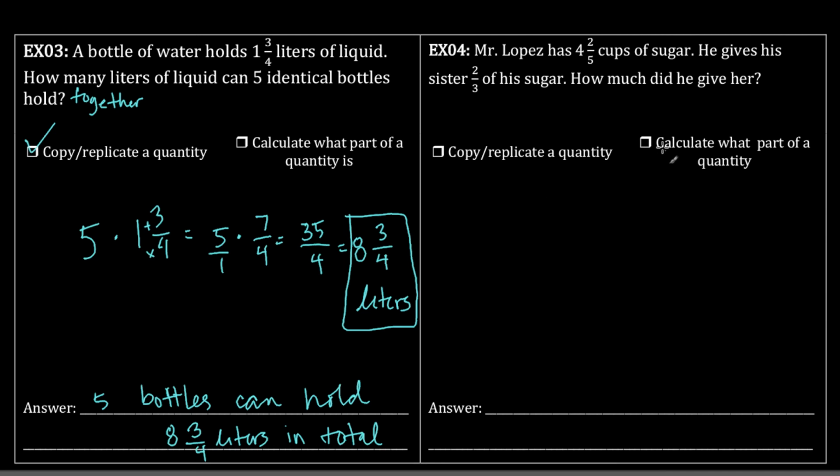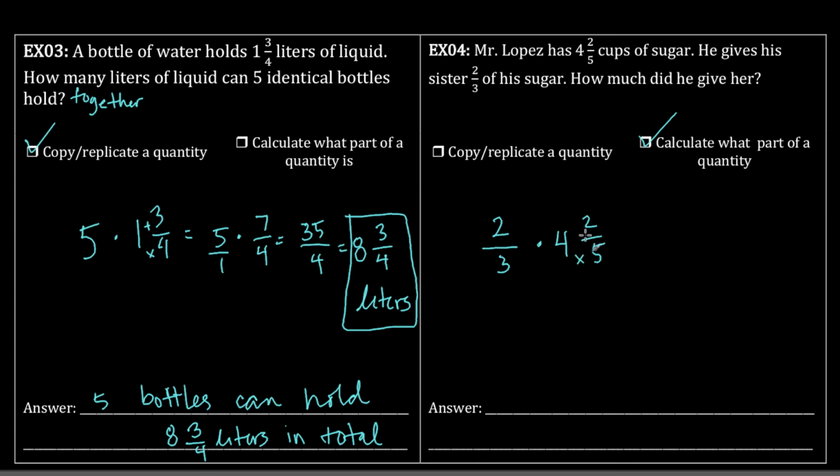I'm trying to figure out what part 2/3 is of 4 2/5. So I'm trying to figure out what 2/3 of my sugar is. Remember, you can do it either way. You would interpret it differently, but we'll get to that later. So 2/3 times 4 2/5.